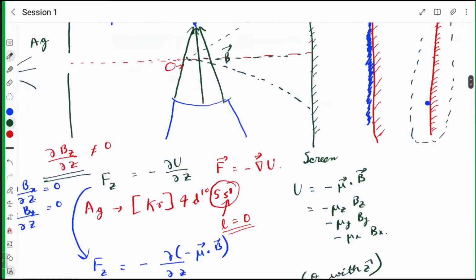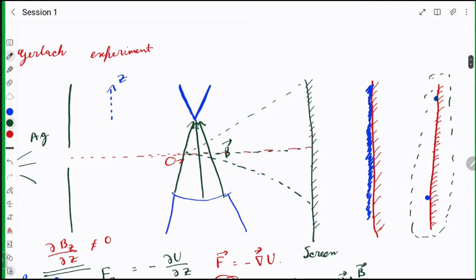It turns out that these two values are gamma e h cross by 2 and minus gamma e h cross by 2. Just these two values.